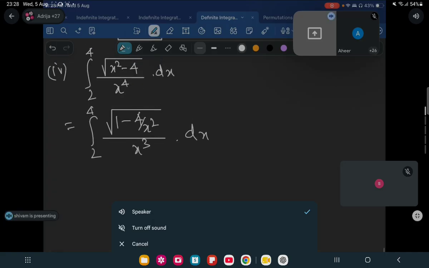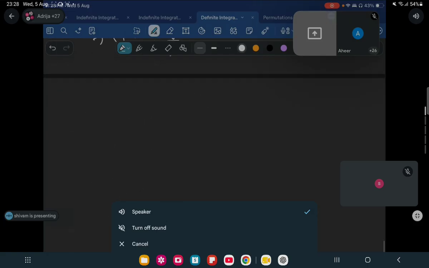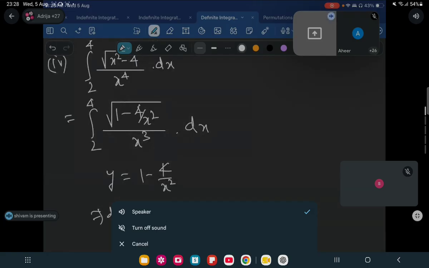Now, whatever is under the root, you take it as y. y is equal to 1 minus 4 by x square. Now you differentiate. dy will be equal to 8 by x cube. So basically, dx by x cube will become dy by 8.